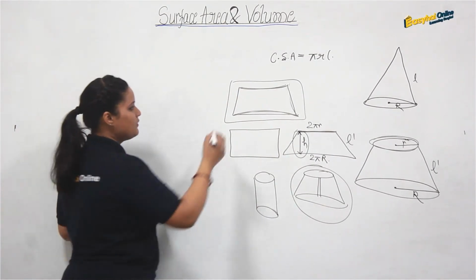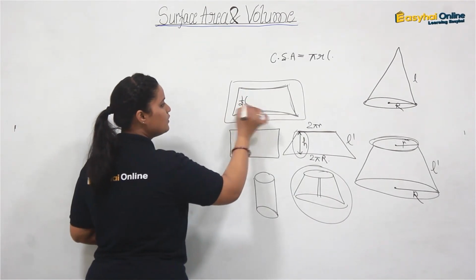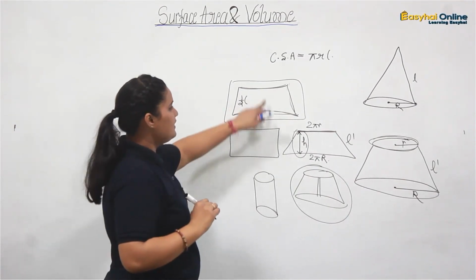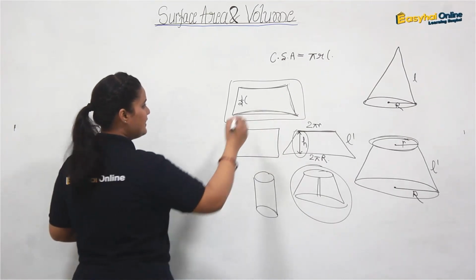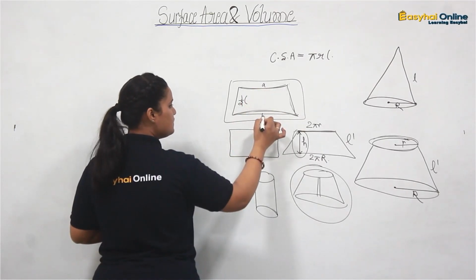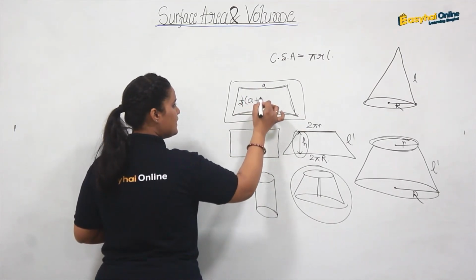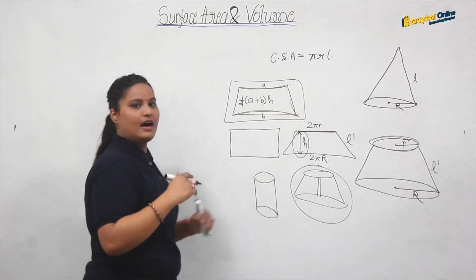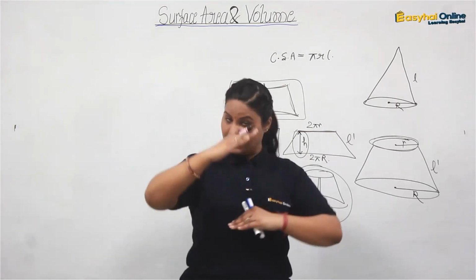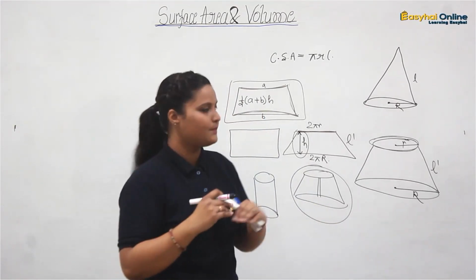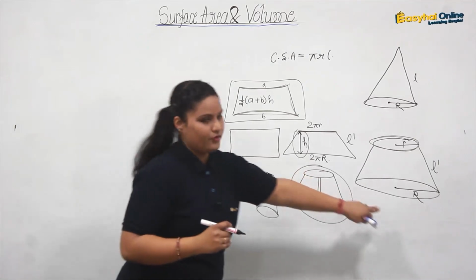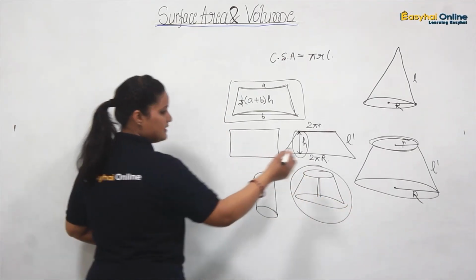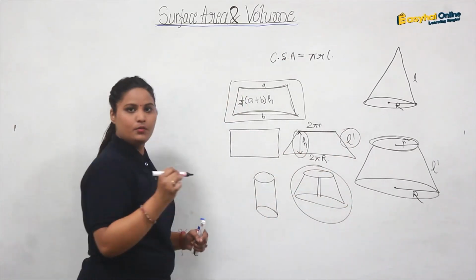The area of a trapezium is 1 by 2 times the sum of the lengths of the parallel sides. That is, if they are a and b, then it will be 1/2 (a plus b) h, where h means the height, the length between these two sides, right? But in the case of a frustum, I will use the slant height as I just told you.